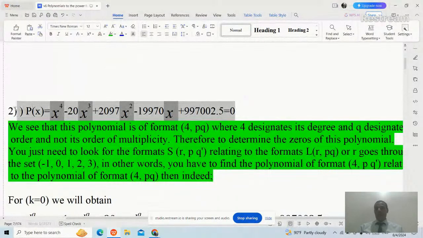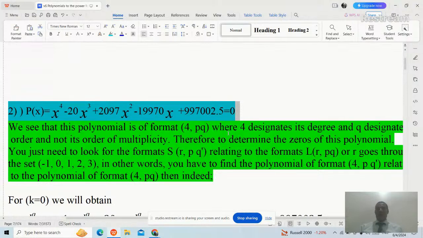The polynomial to the power 4 is as follows: x to the power 4 minus 20x raised to the power 3 plus 2,997x squared minus 19,970x plus 997,002.5 equals 0. So our target, learners, is finding all the roots of this polynomial to the power 4.